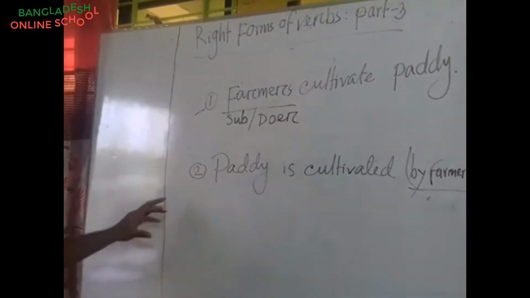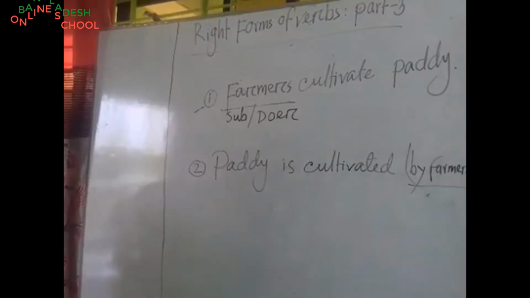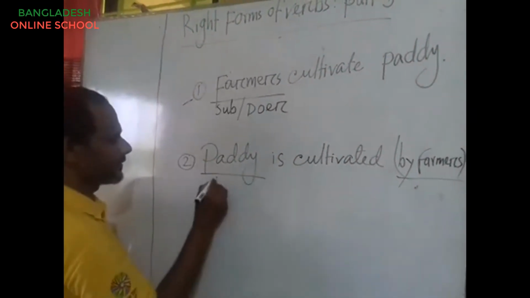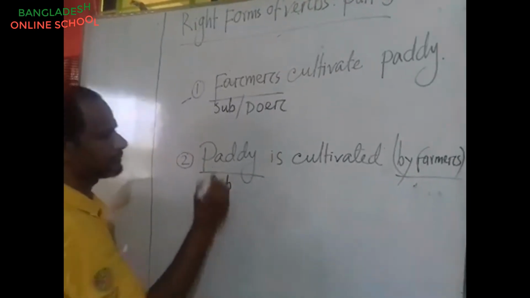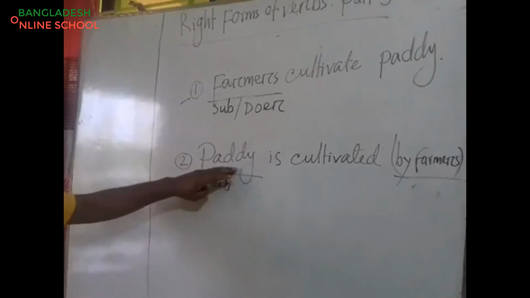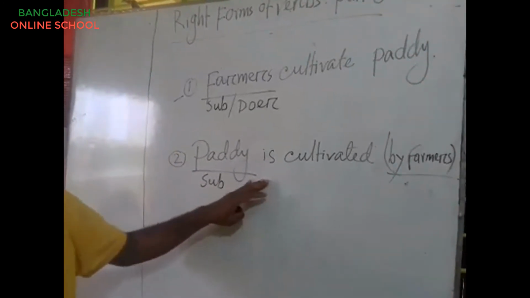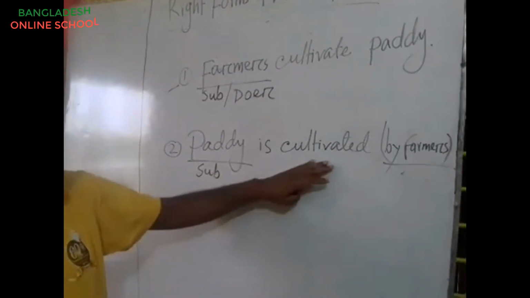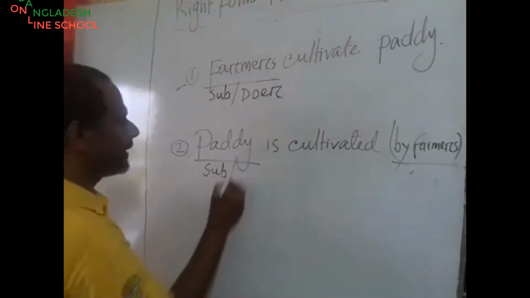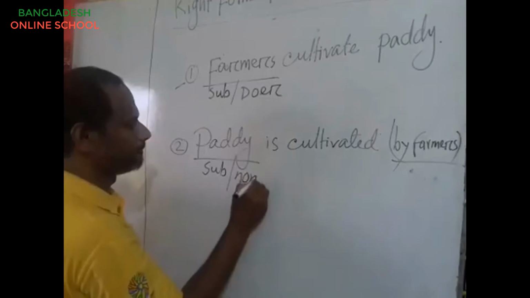Okay, look at example 2. Here paddy is subject, but this subject does not perform the function of the verb cultivate. That is why paddy is here non-doer.